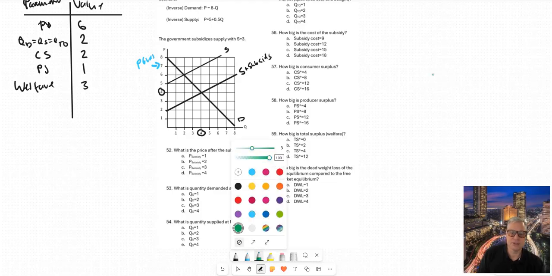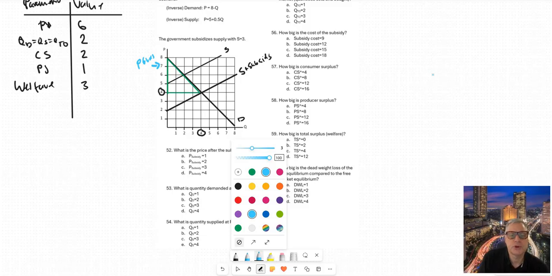Okay, so now let's do the welfare analysis, and let's take a look at consumer surplus. So consumer surplus is everything below the demand function all the way up to the quantity turned over. Okay, so this is consumer surplus. Now what about producer surplus?